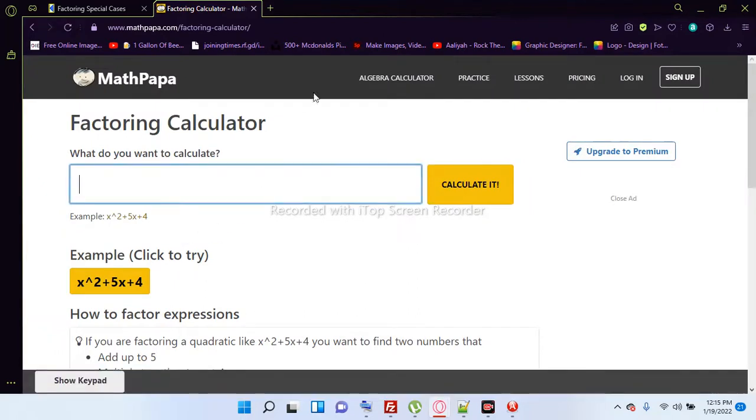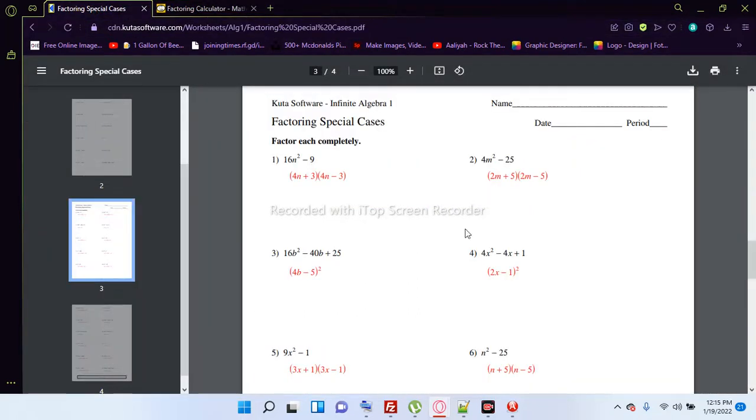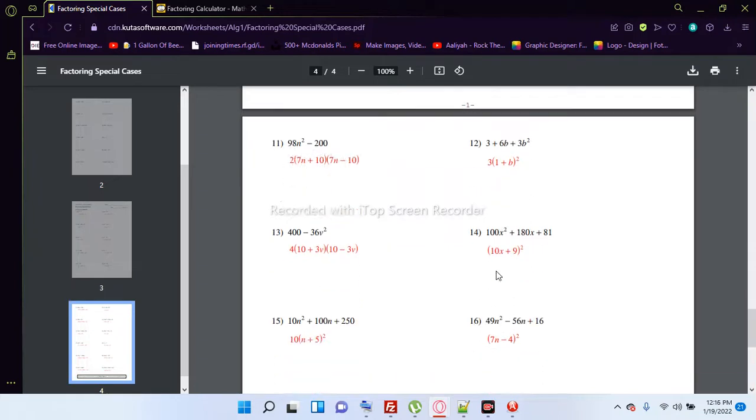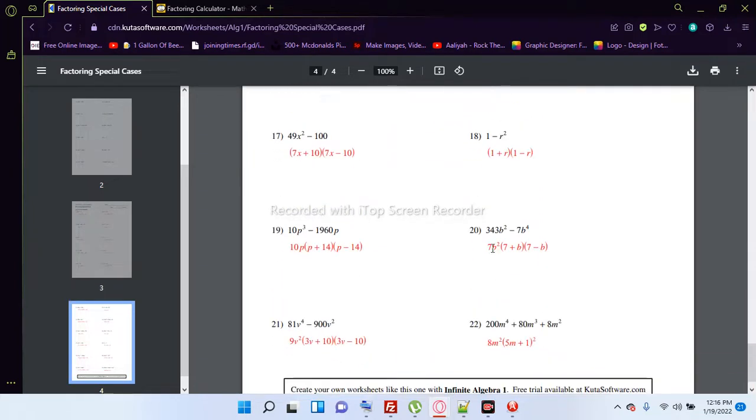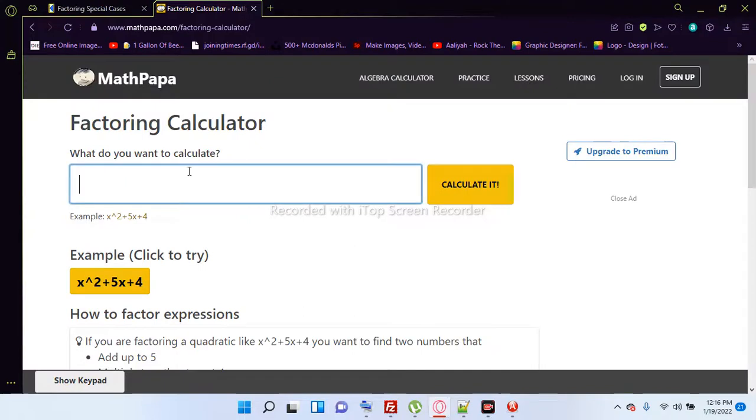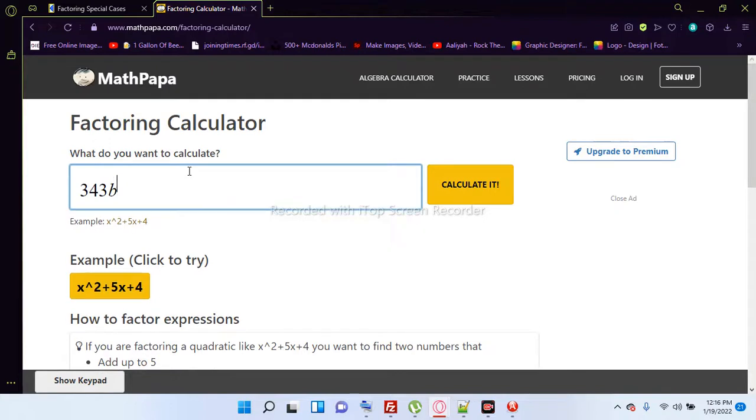Math problem. Now we're going to go back to 343b squared minus 7b to the fourth. So you go 343b, shift the 6 key, squared. See, 343b squared, right?